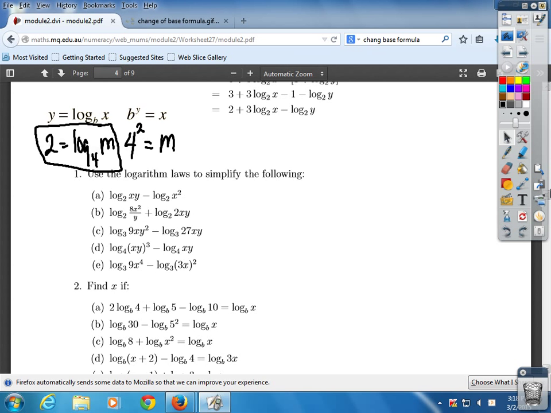Just draw an arrow down, and then you plug it over here. What's y? Log. What is b? And next.